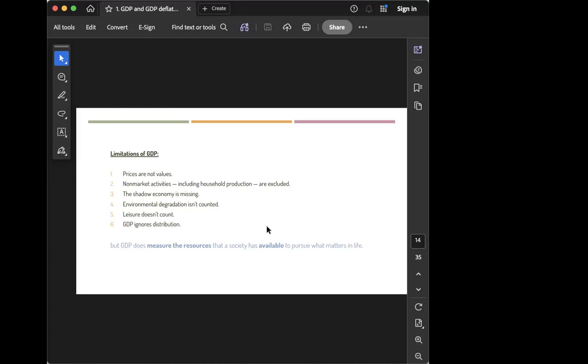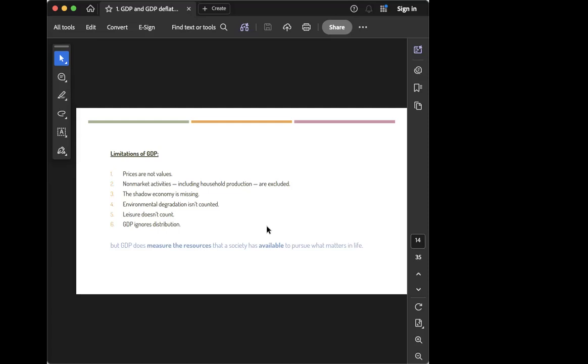The second one is that non-market activities are excluded. This means that if you cook dinner at home, that work has a value, right? You still put your labor in it, but it is not counted in GDP because there is no market transaction.